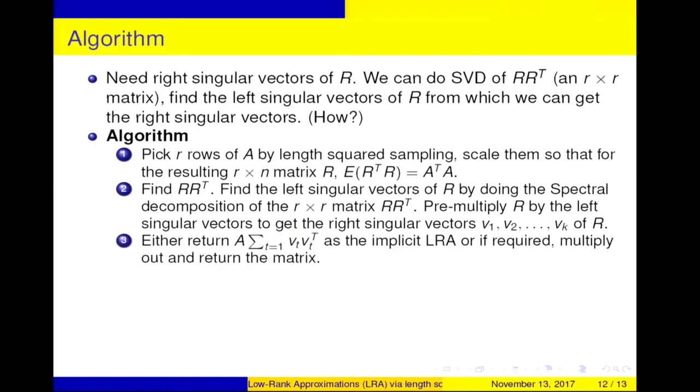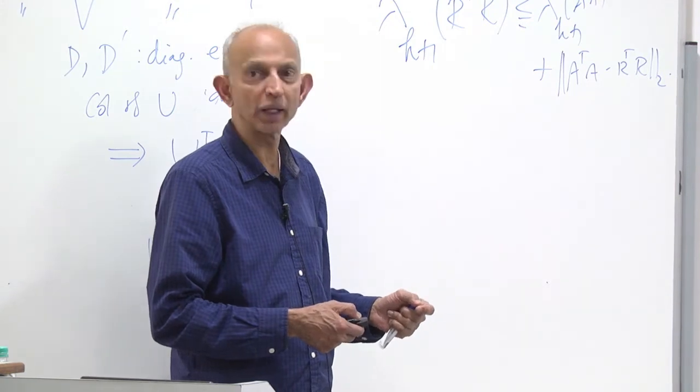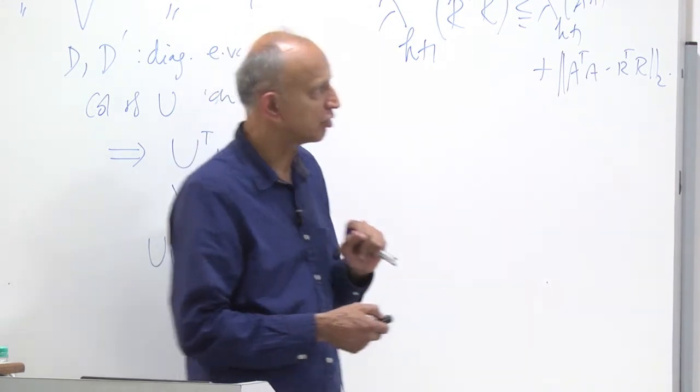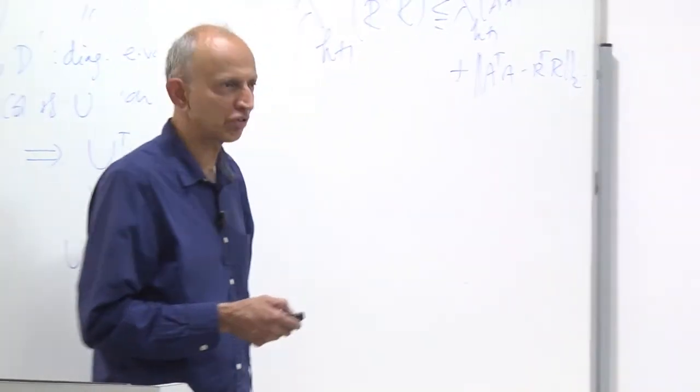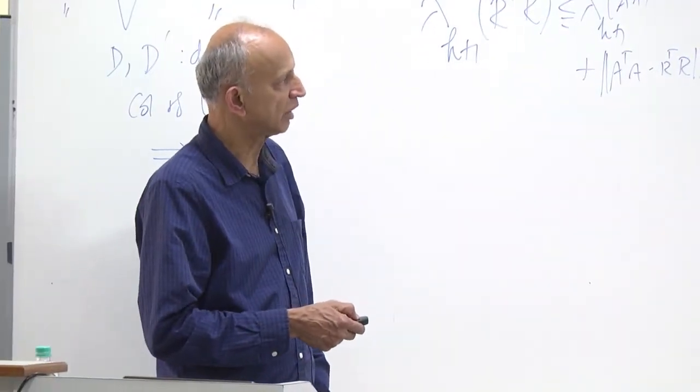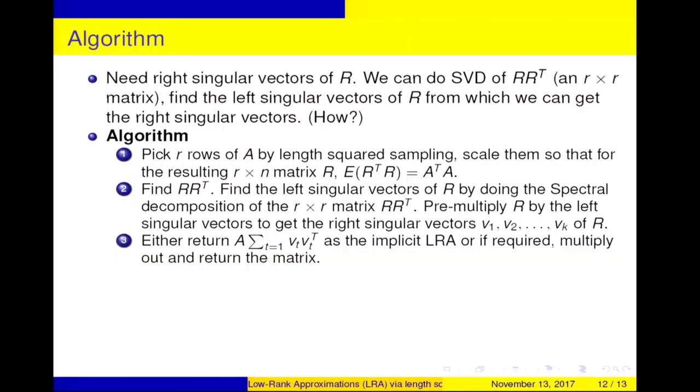And then you return A times this as the implicit LRA, meaning if I don't really want explicitly what the low rank approximation is, and that is useful sometimes. I'll try to show you one instance where it's useful. You do A times V_k transpose, or if you want an explicit one, multiply out and return.